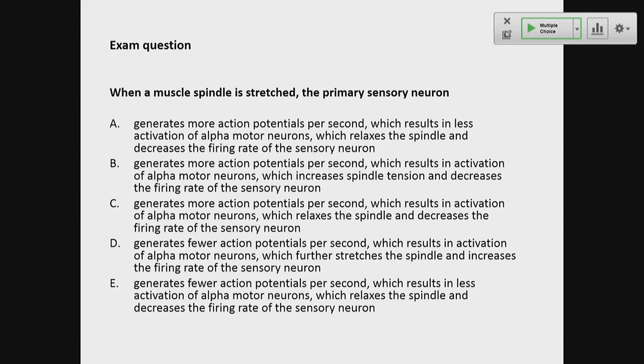Those two facts alone should essentially guide you to the answer, which is C. It generates more action potentials, which results in activation of the alpha motor neurons, which relaxes the spindle and decreases the firing rate of the sensory neuron.